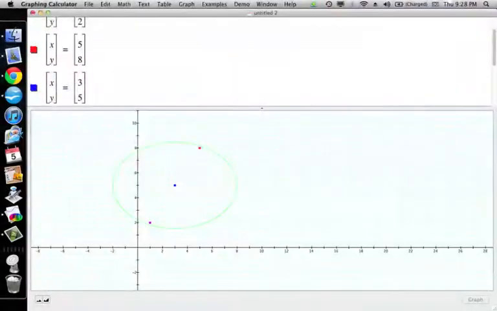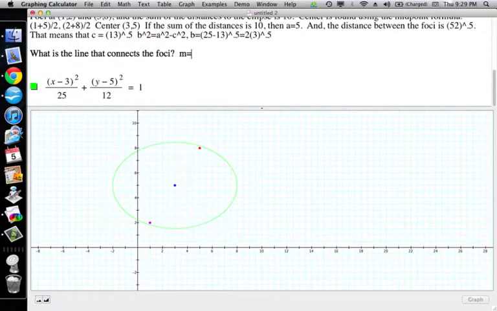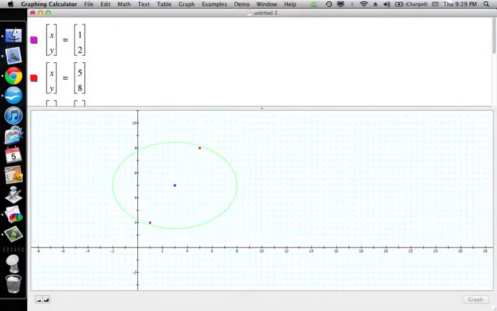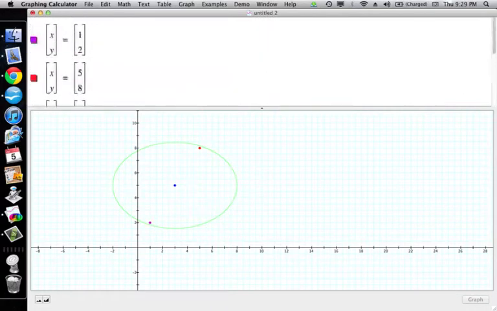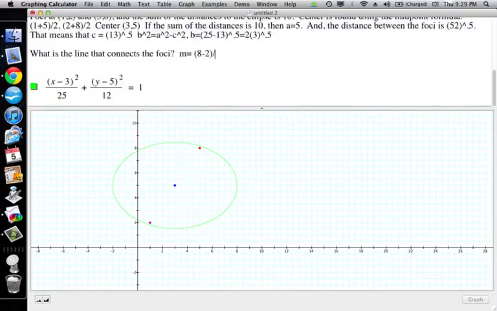Well, my m is equal to 8 minus 2 divided by 5 minus 1. So my m is going to be 6/4, which is going to be equal to 3/2.